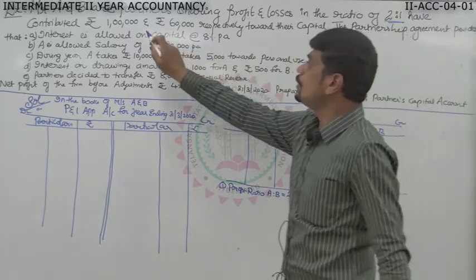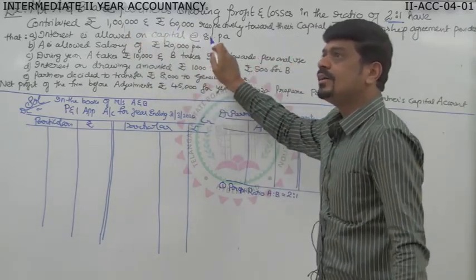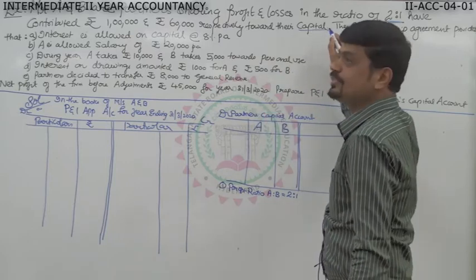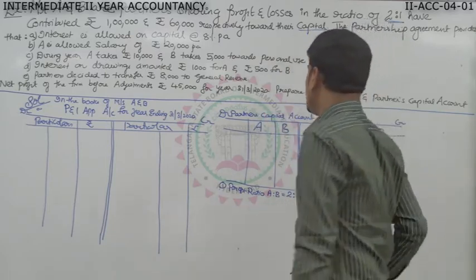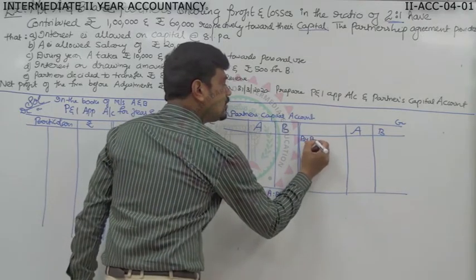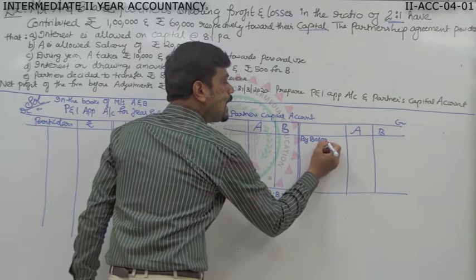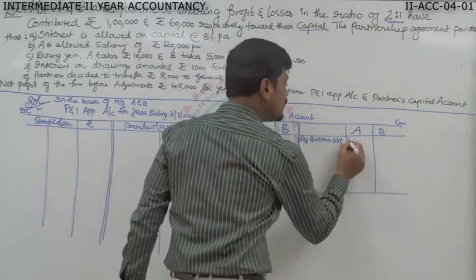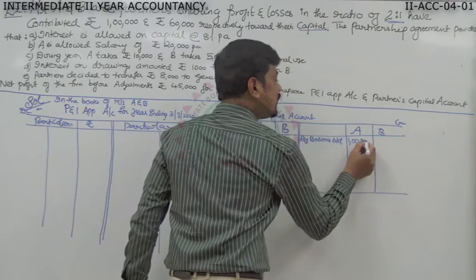Then comes: A and B have contributed 1 lakh and 60,000 respectively towards their capital. So this capital will be posted in partners' capital as by balance brought down. How much was the balance of A? 1 lakh.